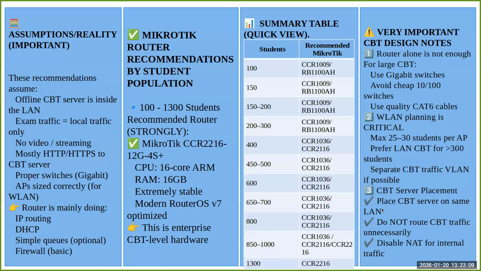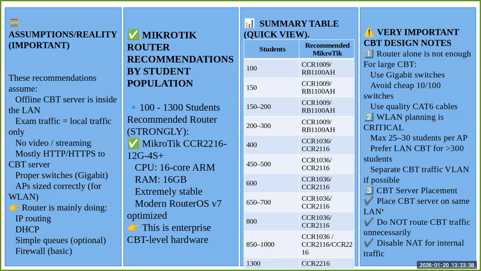Then our wireless. WLAN planning is critical. And let me stress this. If you have the model and the design is that we are to have an access point in every class, the maximum number of students per access point should be between 25 and 30. Do not allow it to be more than that. If you have more than that, you'll be in trouble.